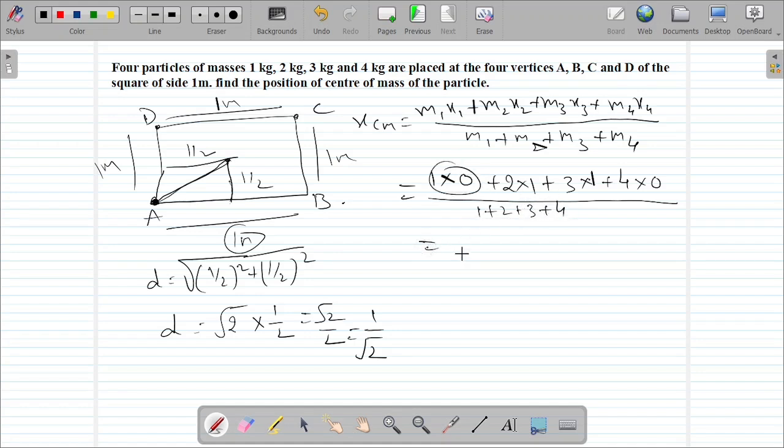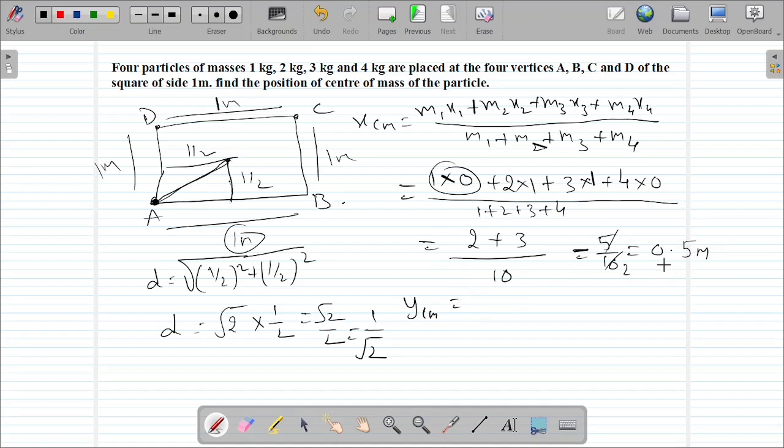So 0, 2 into 1 is 2, plus 3 into 1 is 3, plus 4 into 0 is 0, by 4 plus 3 plus 2 plus 1, which is 10. So it is 5 by 10, that means 0.5 meters.